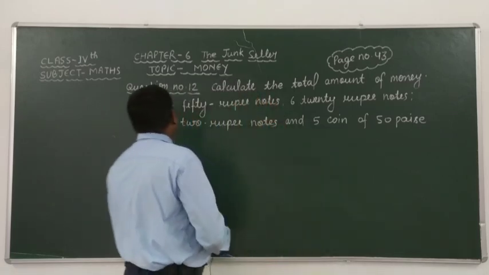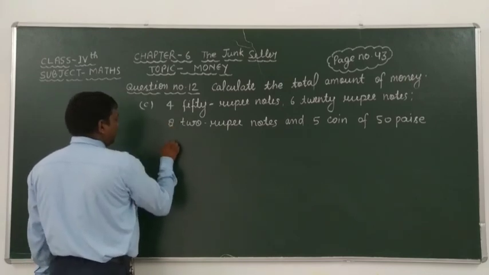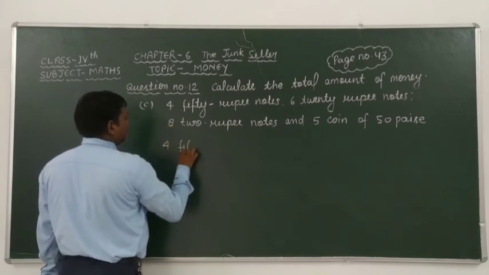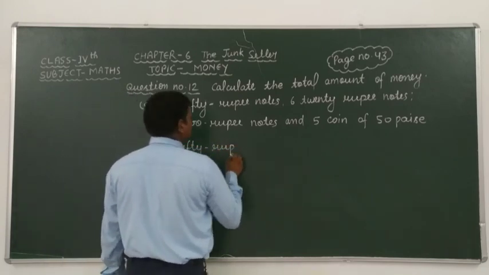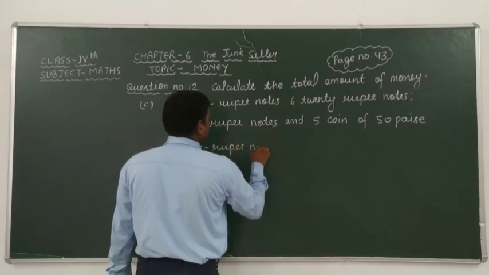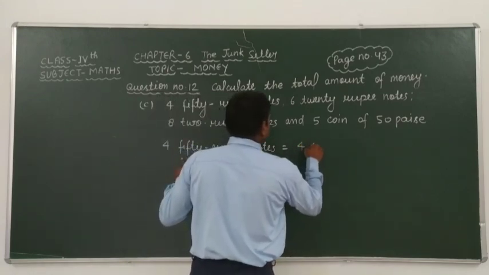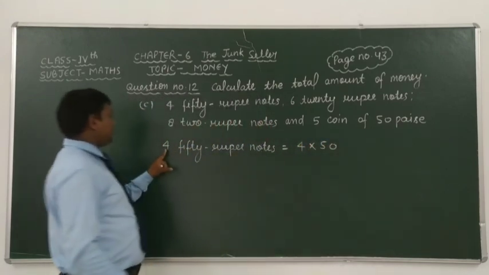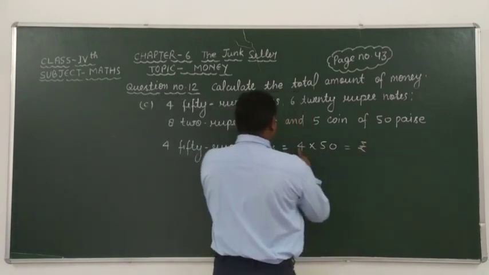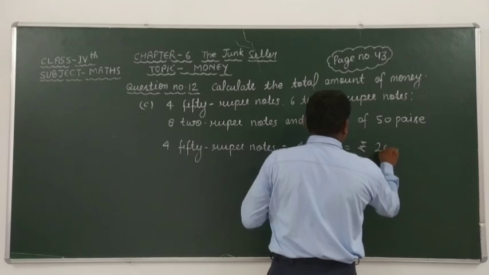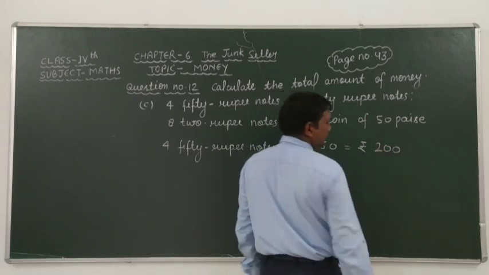For the 4 50-rupee notes, we have to take the multiplication of 4 and 50. After multiplying these, 4 times 5 is 20, so 20 and 0 is the same, that means 4 times 50 is 200.